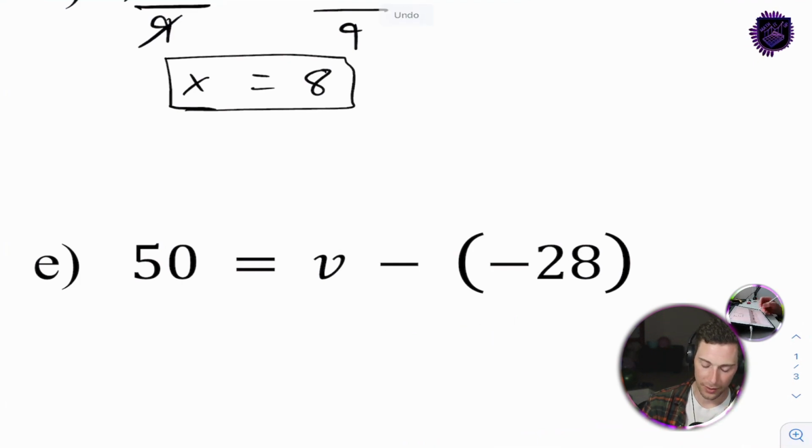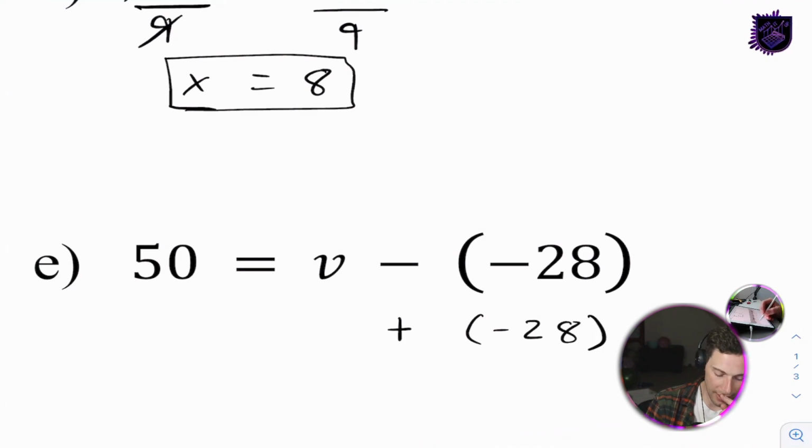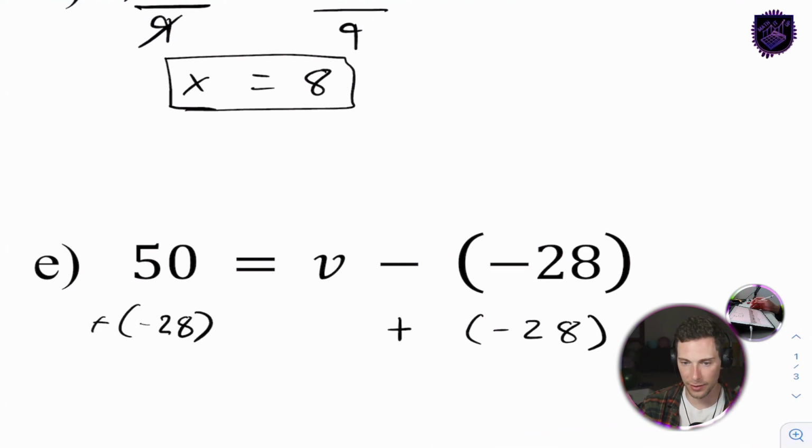Okay. Let's change the sign. Add negative 28, because this is subtract negative 28. And let's add negative 28. It's the same thing, subtracting a positive and adding a negative. But on this side, again, now we've canceled out, adding negative 28 and adding negative 28.